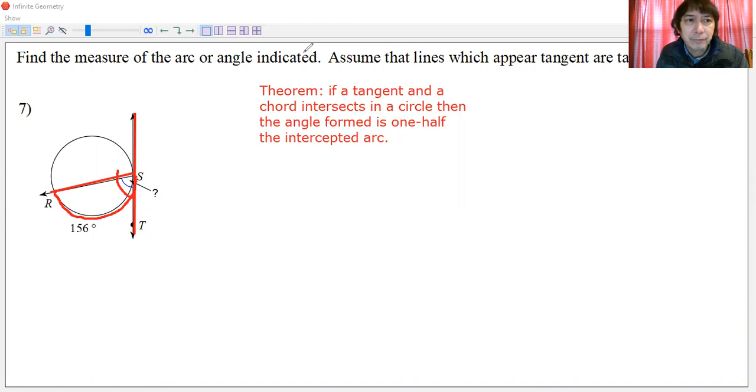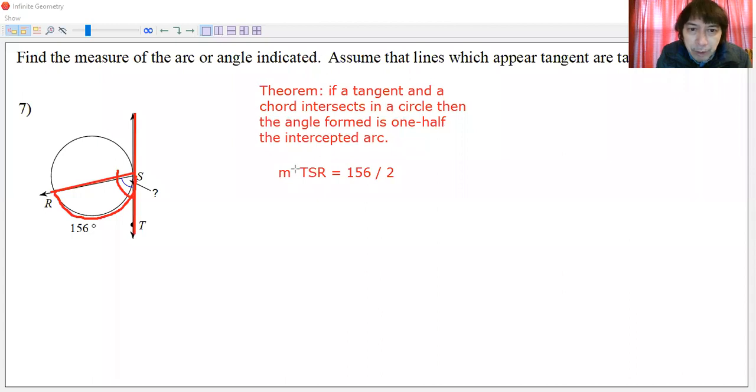All right. So we're asked to find the arc or angle. And the one with the question mark is the angle TSR. So for our working equation, the measure of the angle TSR is equal to 156 divided by 2.